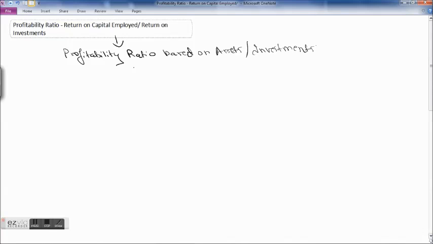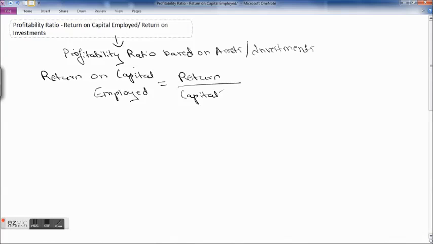Now let us understand what is a return on capital employed ratio. Return on capital employed is equal to return upon capital employed into 100.